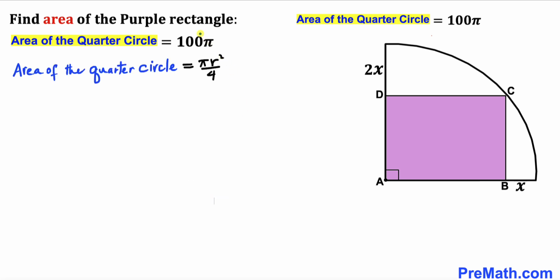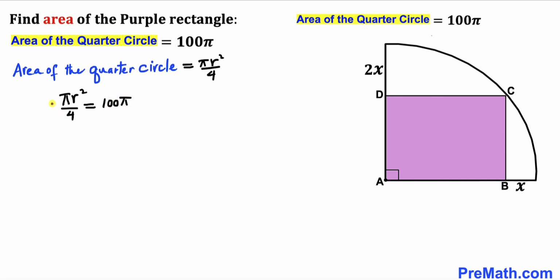Comparing the right hand sides, I can write pi r square divided by 4 equals 100 pi.